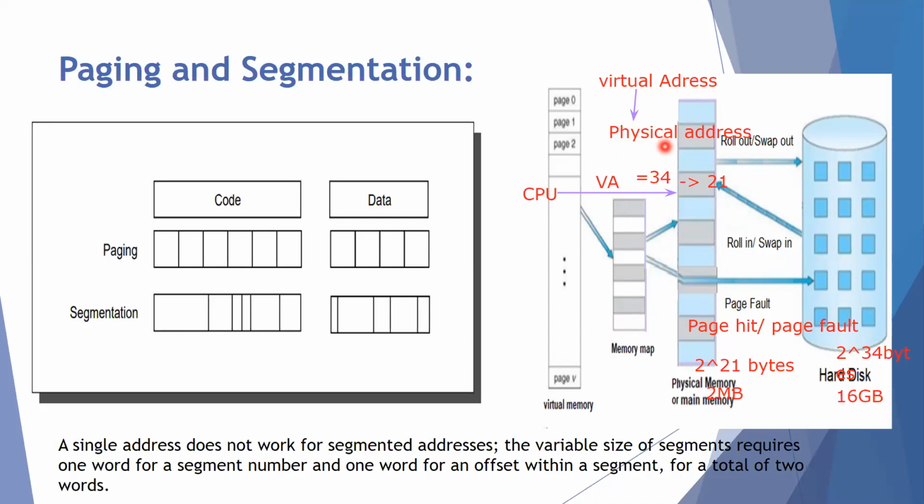Okay, good. So what I was saying was that this address which has come from the processor is a virtual address. Using a memory map, it gets translated to a physical address. The physical address goes to the cache and then to the main memory. If the respective address is found as a match, it's a page hit. And if it is not found as a match, the address goes to the virtual memory.